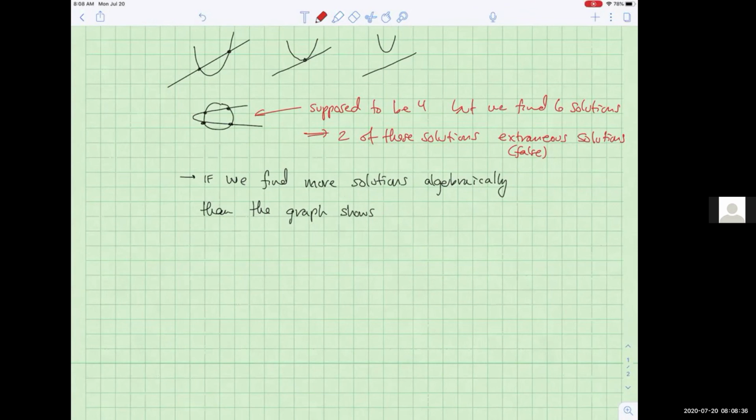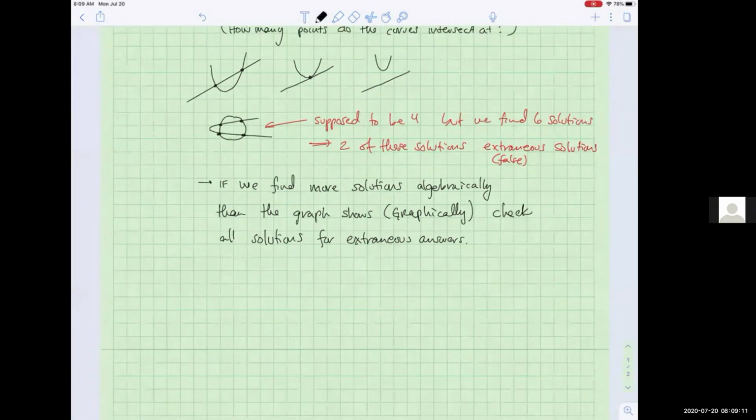And what you got to do is, at this point, if we find more solutions algebraically than the graph shows, graphically, I should say, we need to check all solutions for extraneous answers and throw those out. Find the two false ones in the case above. So those are two good reasons why we want to be graphing these things before we start.